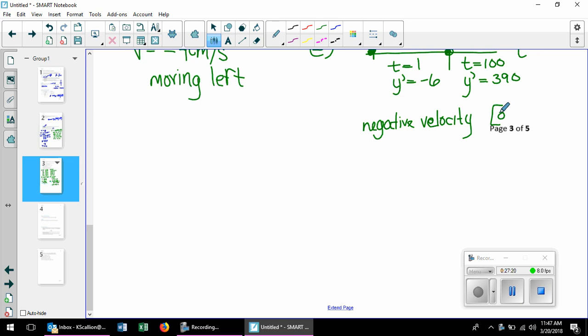Yes, because 0 is included because it has a negative velocity at 0. So it's inclusive, and it goes to 2.5. Would I include 2.5? No, because it's 0, so we do not include it. You're smart.